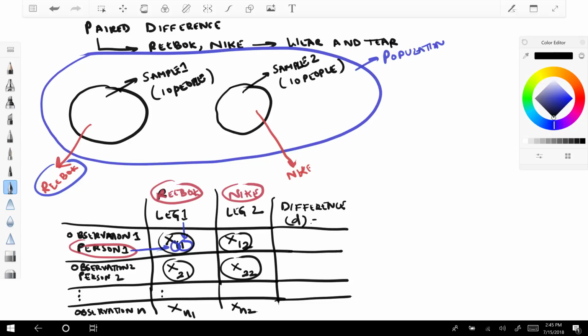So now the difference can be, in this case I will take Reebok minus Nike.